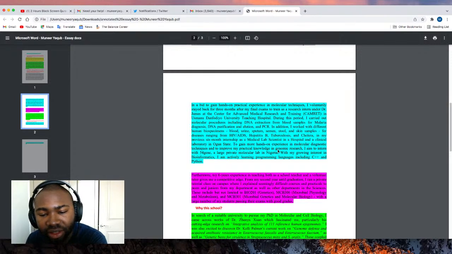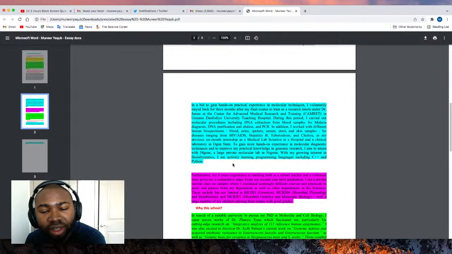I also added here that with my growing interest in bioinformatics, I'm actively learning programming languages, including C++ and Python. Up to now, I still haven't finished learning it, but it was a good thing to add at the time because everywhere, the future is tech, right? Everybody's saying that.